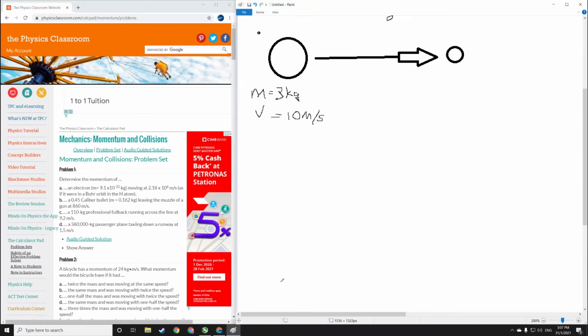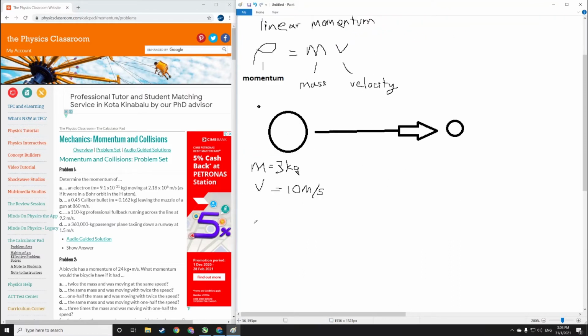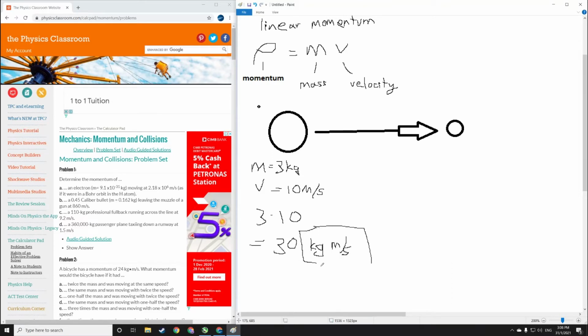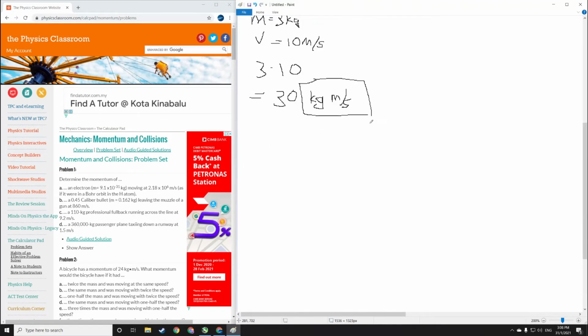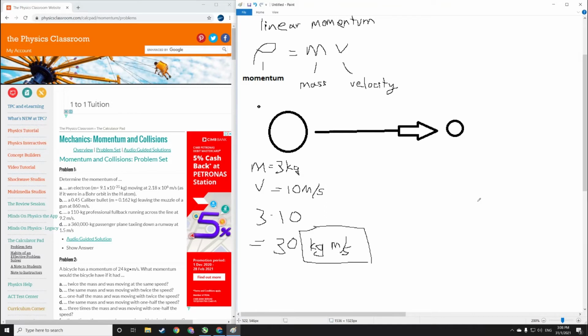We can work out the formula and say it has a momentum of 3 times 10, which equals 30 kilogram meters per second. And this is the unit that we use for momentum. So very important to remember, kilogram meters per second is the unit, because it's just kilogram, which is mass, times velocity, which is meters per second. So it has a momentum of 30.